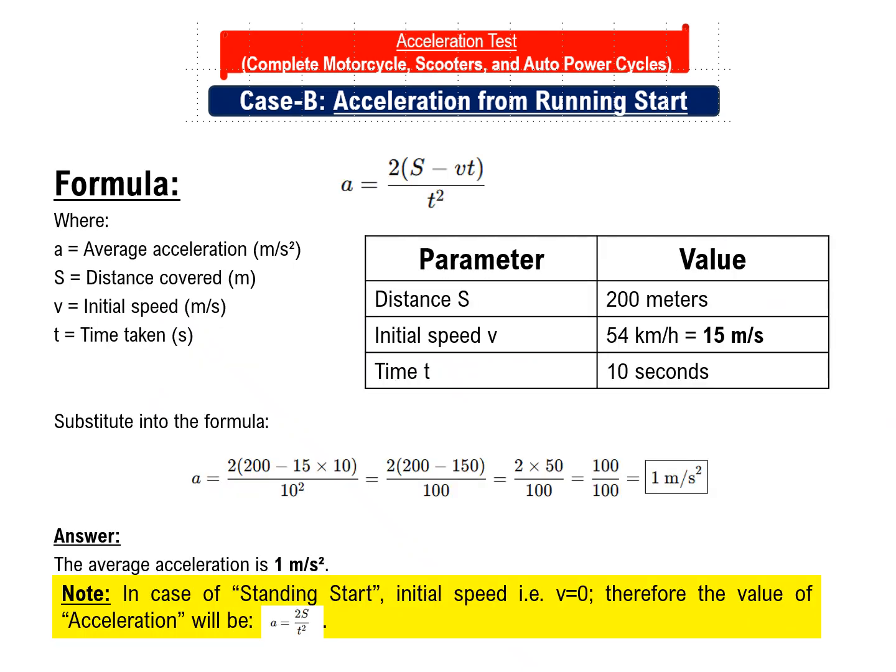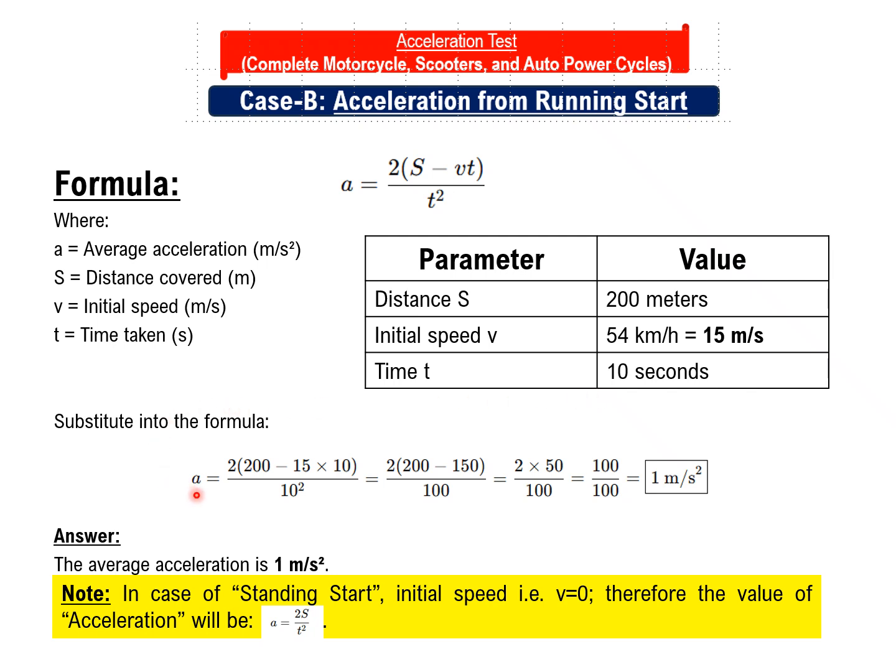Let us consider an example for the case of acceleration from the running start. In case of running start, the motor vehicle enters at a predetermined speed. For example, it is entering at 54 km per hour, that is 15 meter per second. The distance covered is 200 meters. The time taken to cover this distance is 10 seconds.